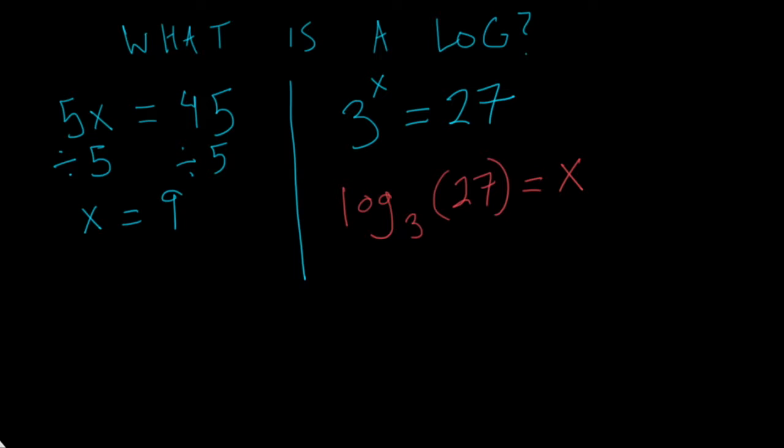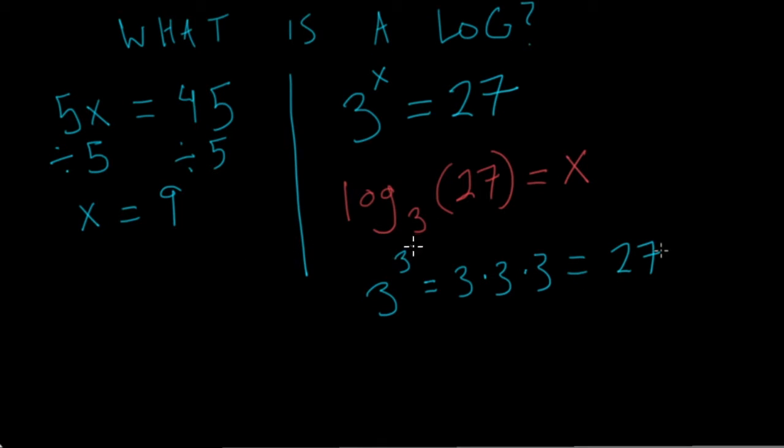Now, in order to solve this, we would say, 3 to the what power is equal to 27? Well, we know that 3 to the third power is equal to 3 times 3 times 3, which is equal to 27.